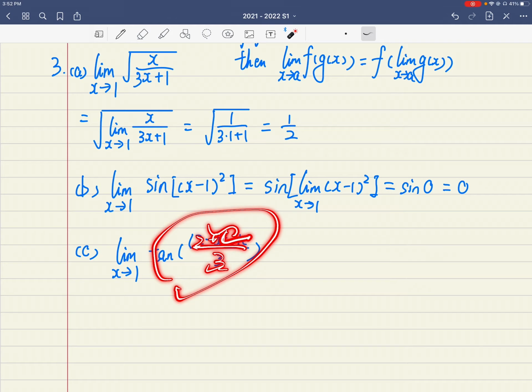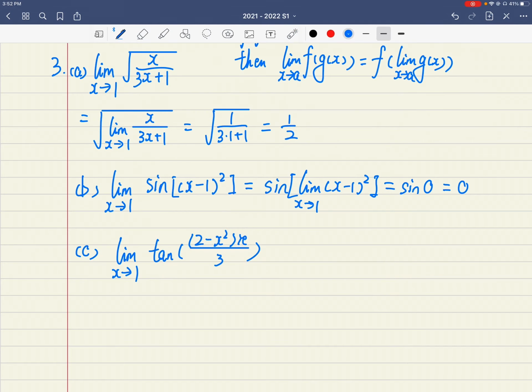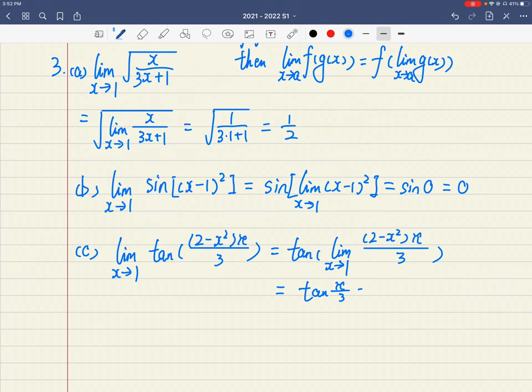You can see tangent is clearly continuous around pi over 3. So you can move the tangent out, so it's the tangent of the limit of (2 minus x squared) pi over 3. And then you just do the substitution. So it's tangent pi over 3, and it's the square root of 3.